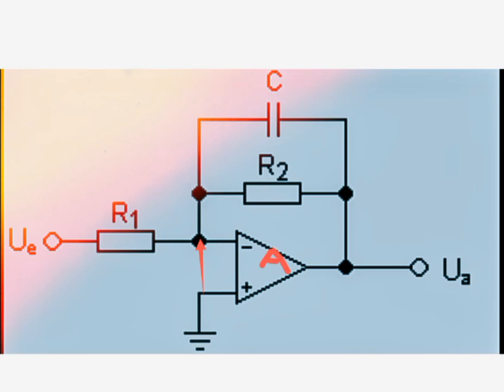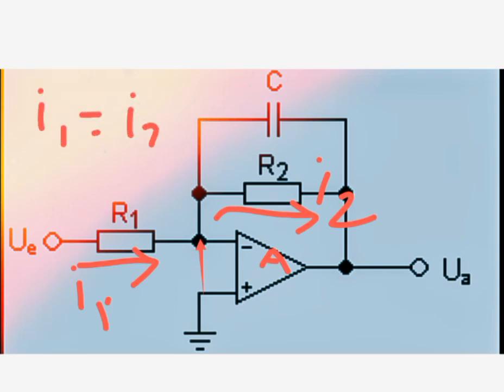Let's say there is a current I1 here, and a current I2 here, and I1 is equal to I2.